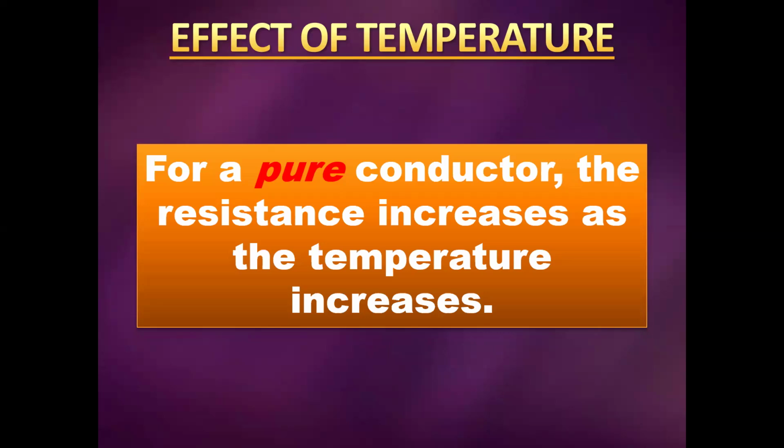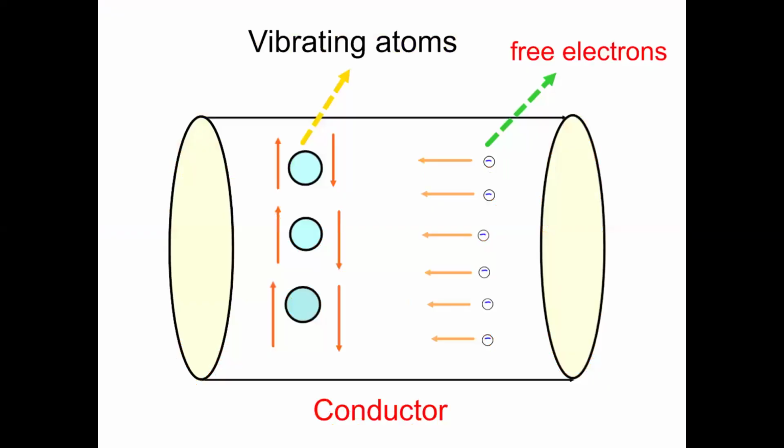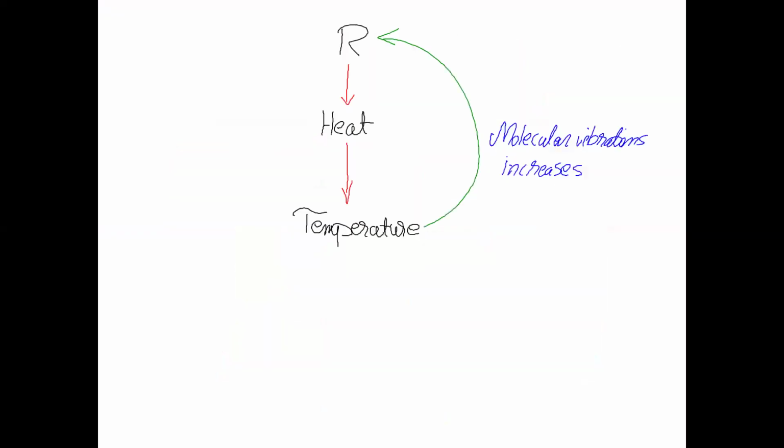Actually, electrical devices are responsible for heating themselves. They create heat. So mobile phones and gadgets create heat. So resistance creates heat. Heat creates temperature, and temperature actually increases resistance, which goes on like a vicious cycle. So resistance creates heat, heat creates temperature, and temperature again goes back and increases the resistance. So now you have to copy this concept sequence.